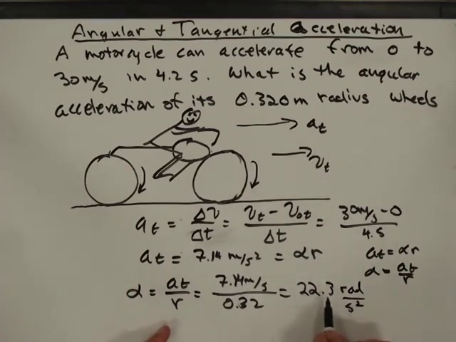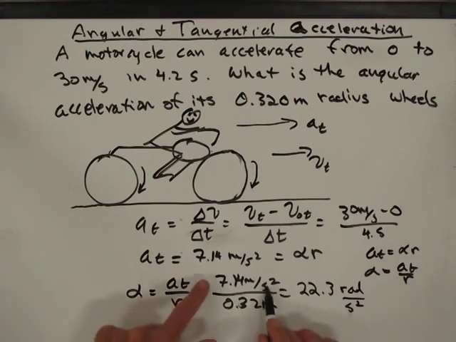Notice, as I've said a few times, that I'm free to stick in radians. So this is the acceleration, 7.14 meters per second squared over 0.32 meters, right?